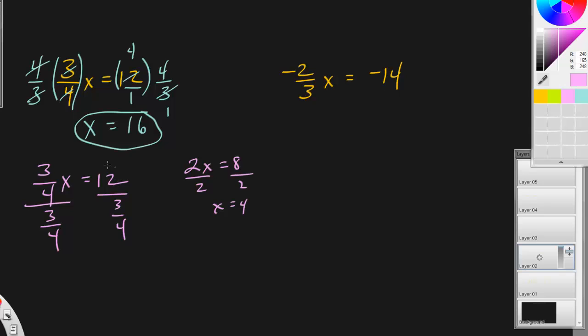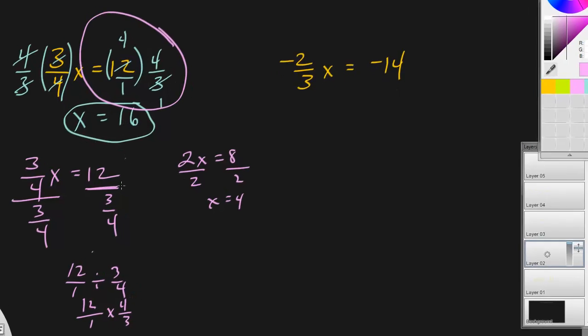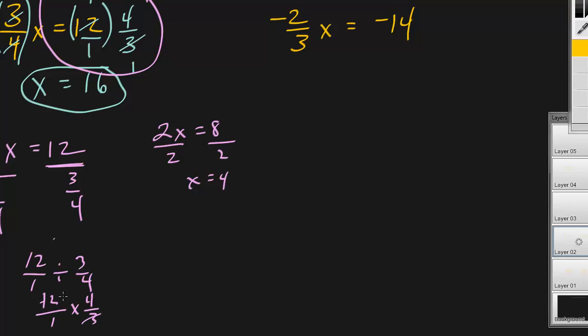So you could type in 12 divided by 3/4, which is 12 times 4/3. Well, notice that's this right here, isn't it? That is 12 times 4/3, which is 16. So there's two ways to do it. Pick the way you like and stick with it.